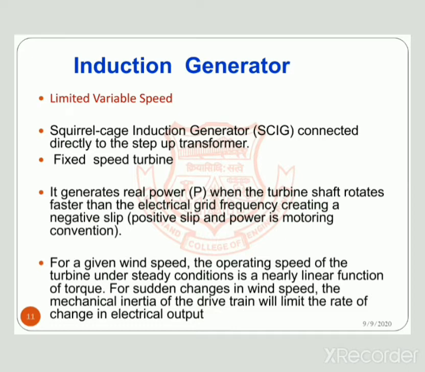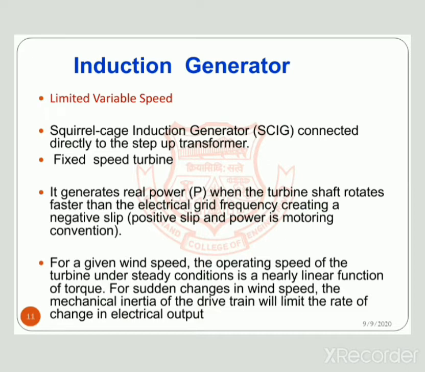The squirrel cage induction generator, in short SCIG, is connected directly to the step up transformer, with a fixed speed turbine. It generates real power, also called active power, when the turbine shaft rotates faster than the electrical grid frequency, creating a negative slip. Positive slip is the motoring convention.